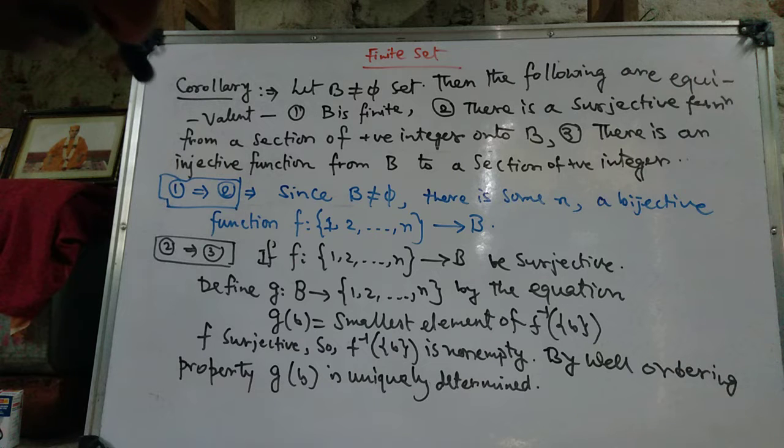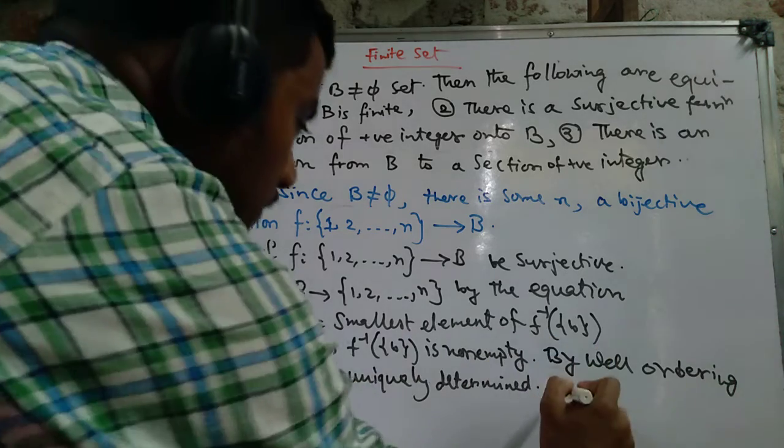Then what do we find? We find that the map g is injective.